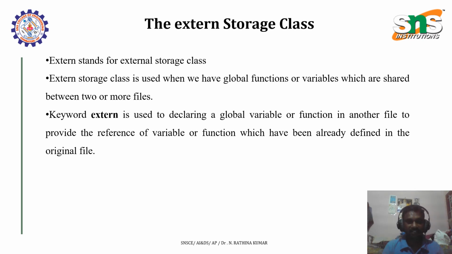The keyword extern is used to declare a global variable or function in another file to provide the reference of a variable or function which has already been defined in the original file. Once you start to learn the definition, you may feel it is somewhat difficult. But when you see it with an example, you can easily understand all these concepts. So don't bother about that.